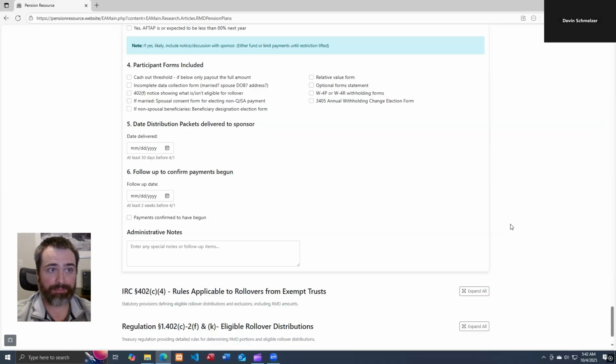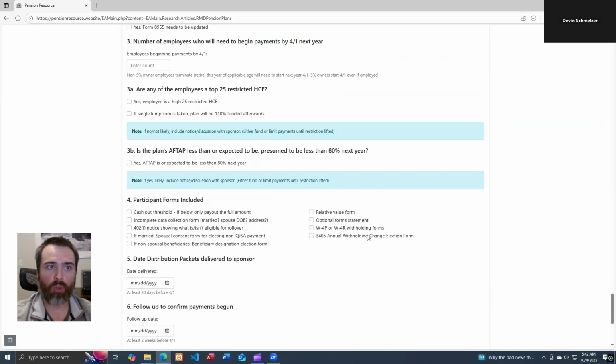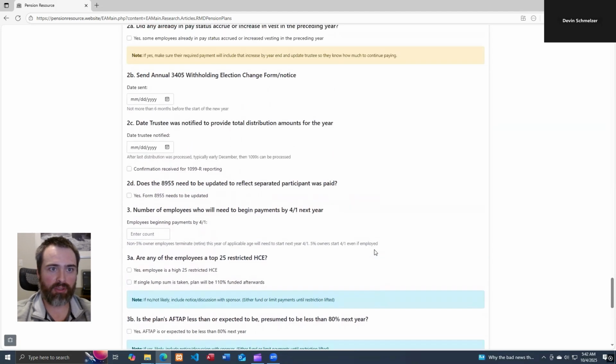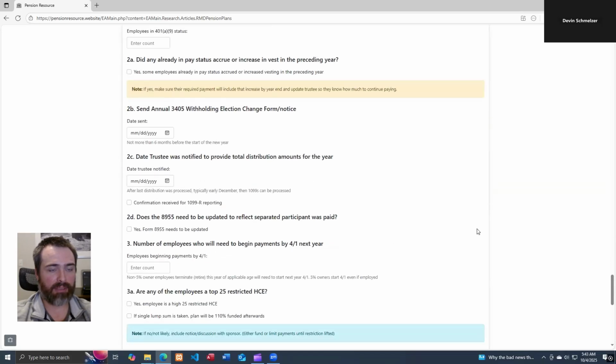For example, do you have a set date to send out your 3305 withholding election forms to anyone that's already in pay status, subject to required distributions, so they can consider changing the withholding elections? Those little details are helpful to work into the checklist, as is updating 8955s because someone decided to take a lump sum now, and the person previously was a terminated employee that hasn't started, so now they're commencing their benefits, so the 8955 needs to be updated.